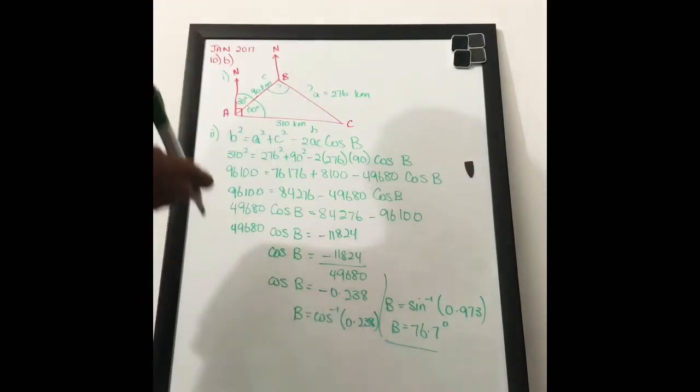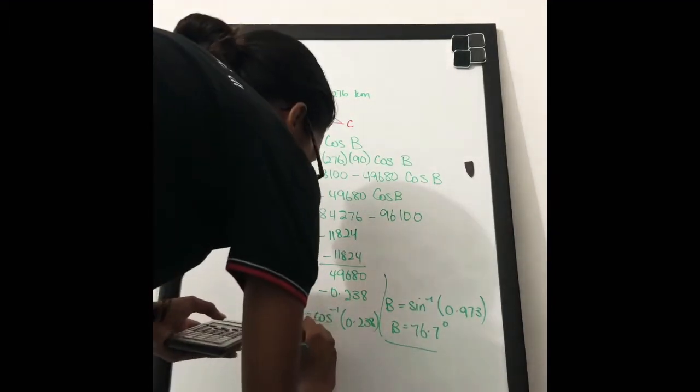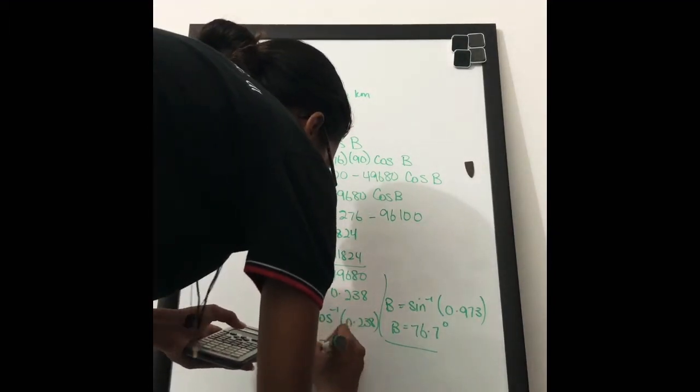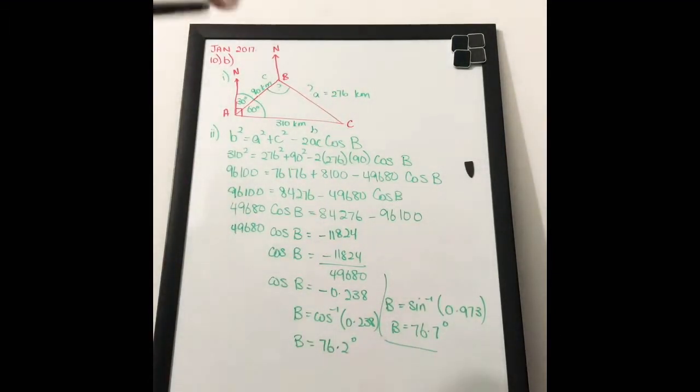The cos inverse of 0.238 is equal to 76.2 degrees. Now cos is like a weird function. If we find the cos inverse of negative 0.238, we'd get 103.76.